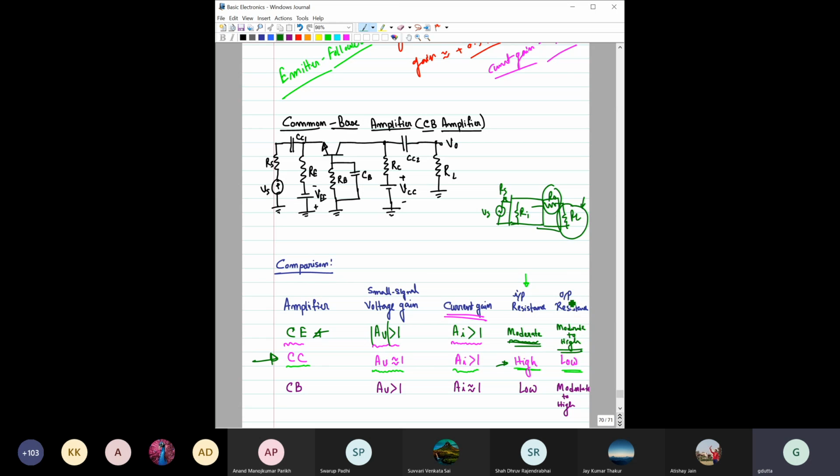So from this, one thing is clear to you: not any particular type of amplifier is used alone. Suppose you want to design an audio amplifier which will amplify your voice and drive a speaker to produce an amplified version of your audio signal.